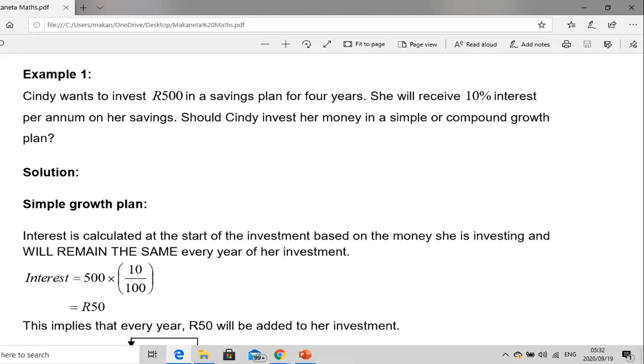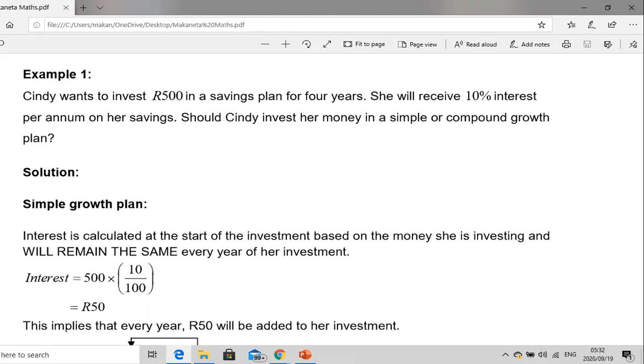In other words, the investment will be far better if you select the compound growth rather than the simple interest growth.